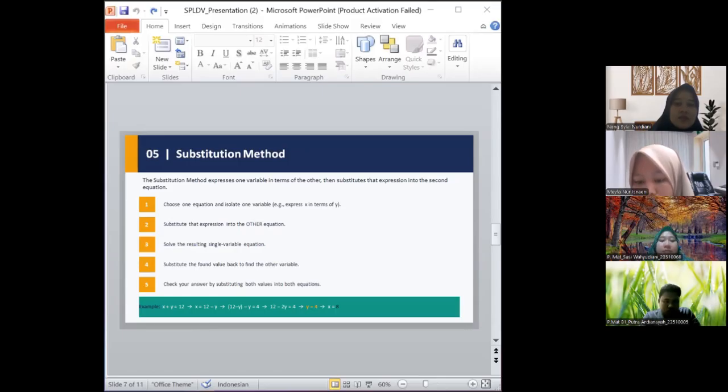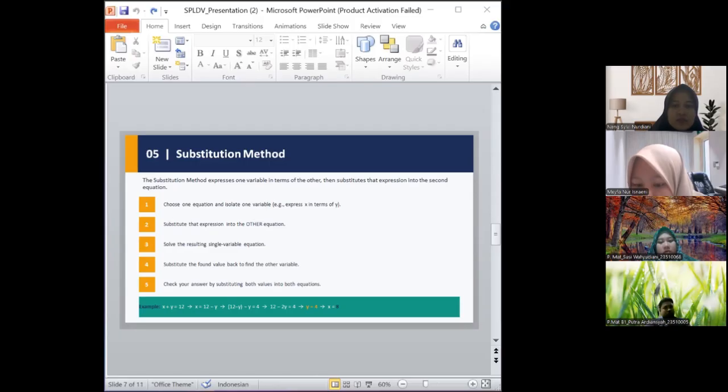Then we substitute this into equation 2. 12 minus y minus y equals 4, which gives 12 minus 2y equals 4. So 2y equals 8 and y equals 4. Then x equals 12 minus 4 equals 8. Same answer, the solution is still 8 and 4.